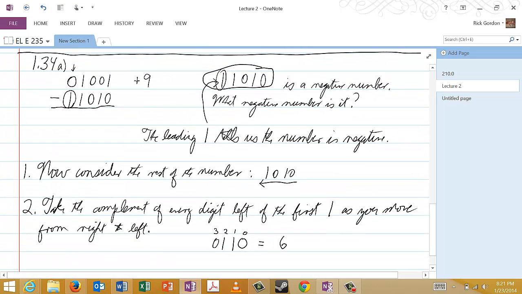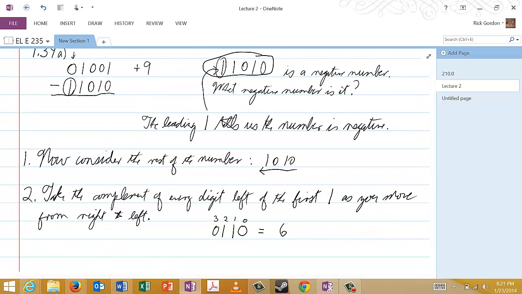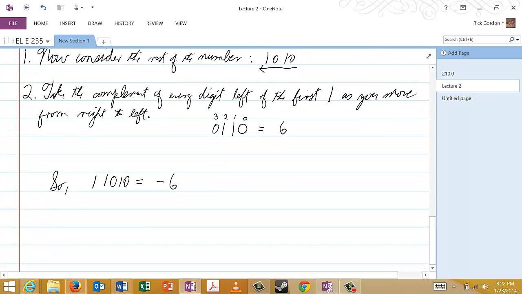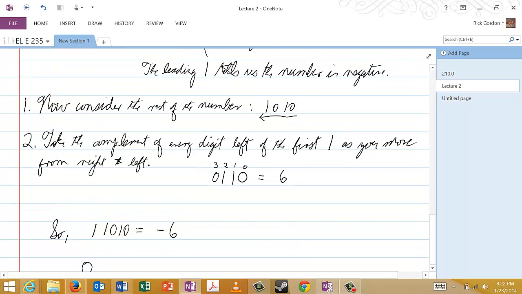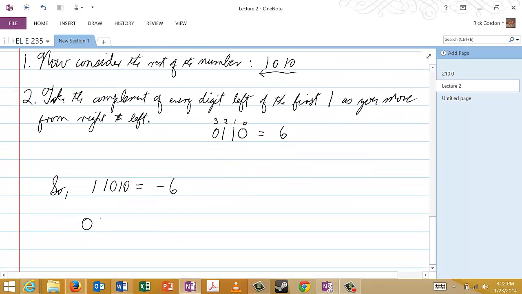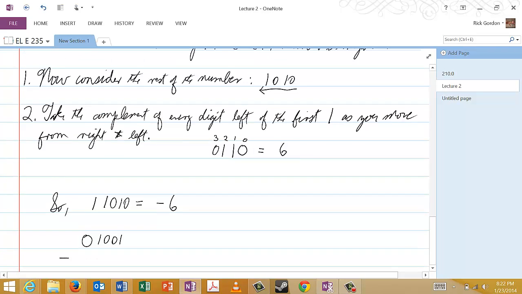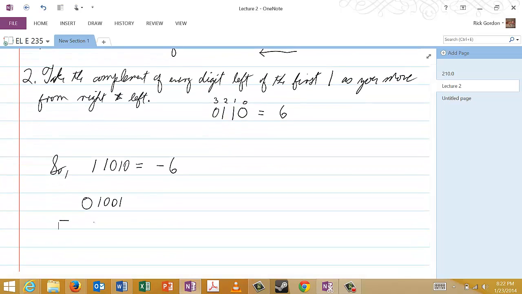So, let's just rewrite our entire problem and see if we can complete it and see if it works out correctly. So we have, again, the problem that we want to do here: 0 1 0 0 1 minus 1 1 0 1 0.